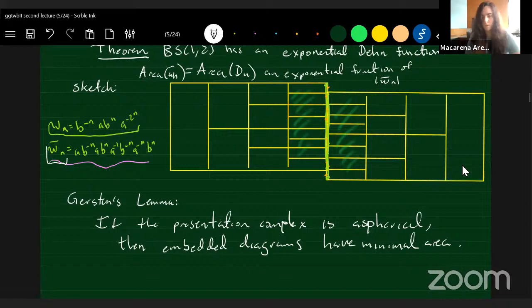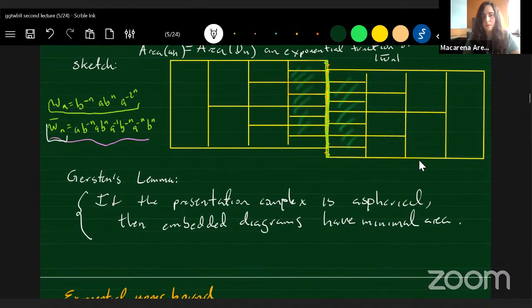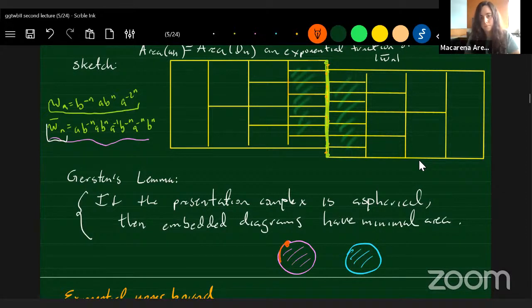And so what's the idea of this? Why is this true? Well, if you have an embedded diagram in your complex, and you have another diagram that has the same boundary, you can glue these two diagrams together along their boundary to obtain a sphere.